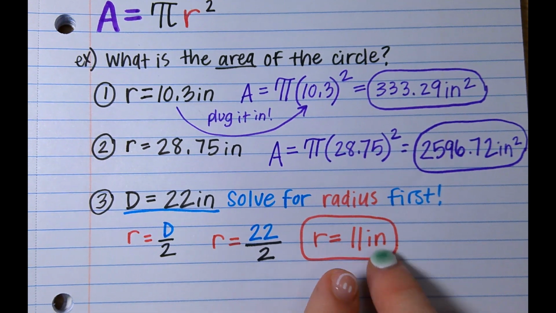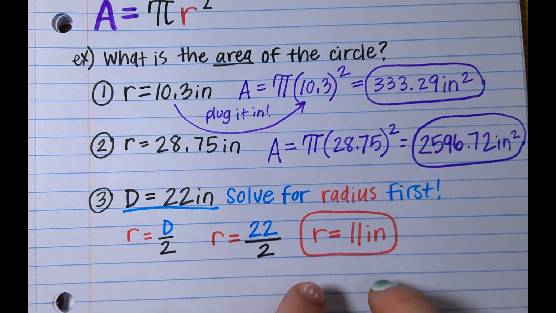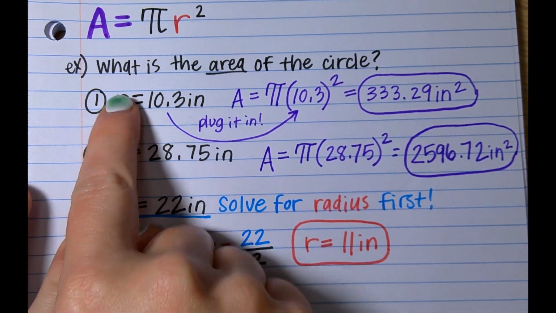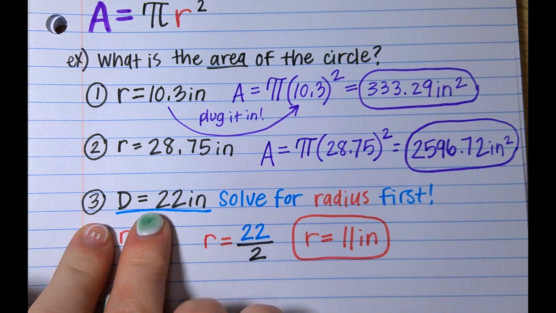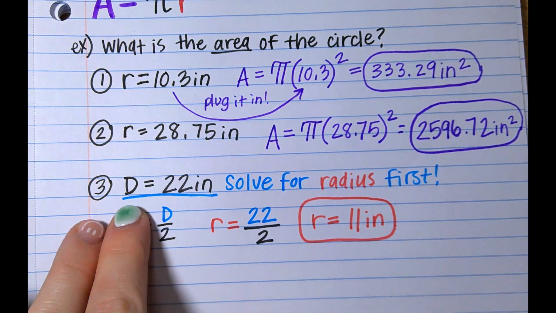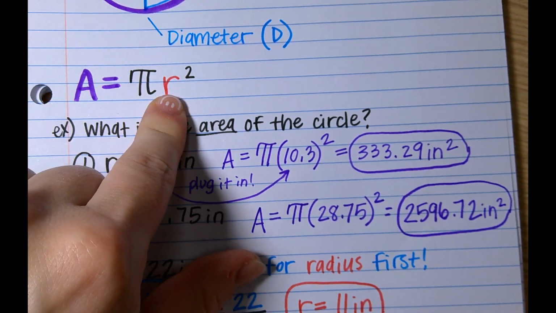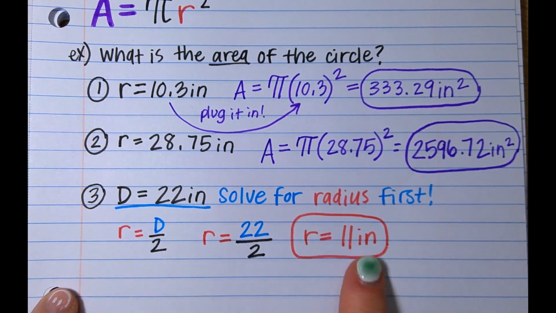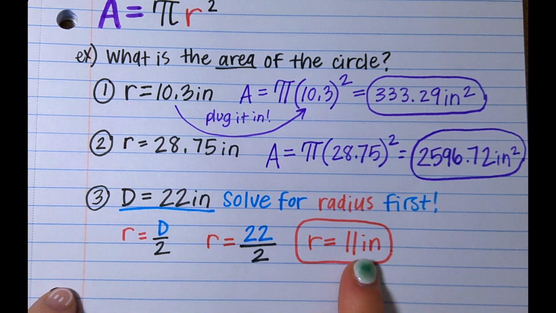What's the other answer you're talking about? Oh, so that's our answer for radius. So I'm asking the area of these 3 different circles. And for number 3, 1 and 2 we're done. Number 3, we were given a diameter, but to find area, we need radius. So we just solved for radius. Now that we have a radius, how do I find area?